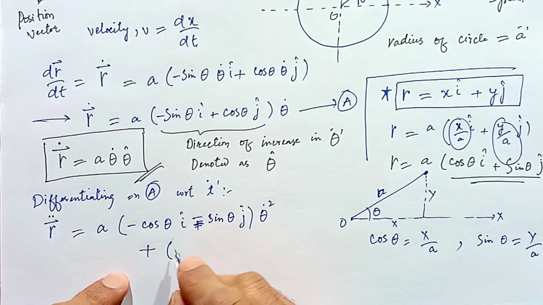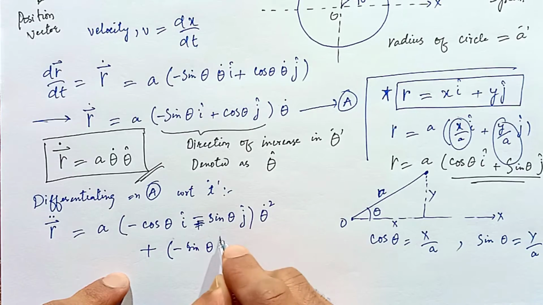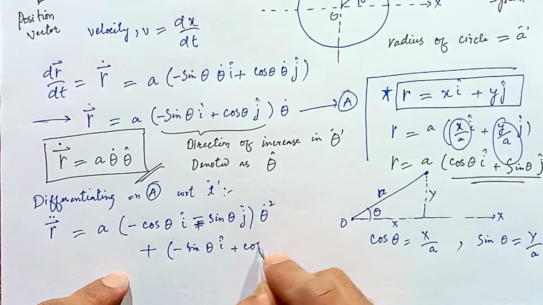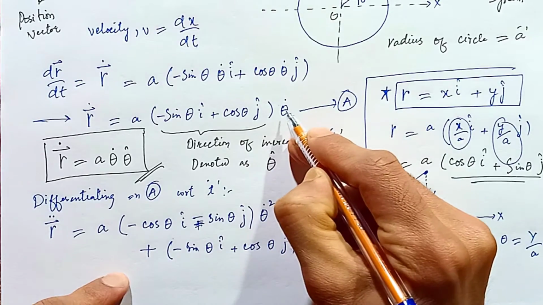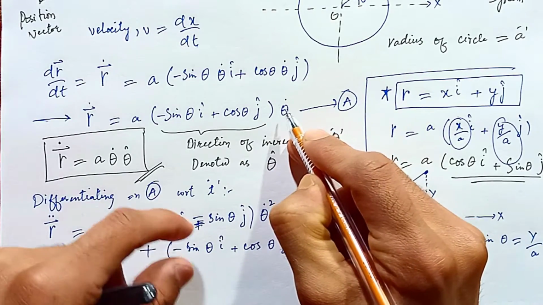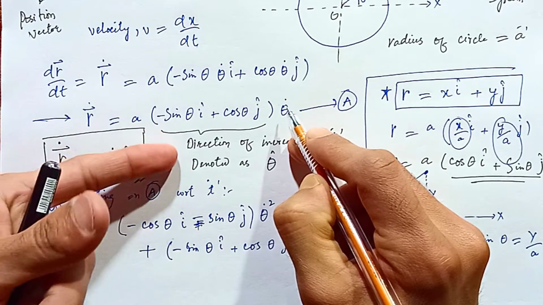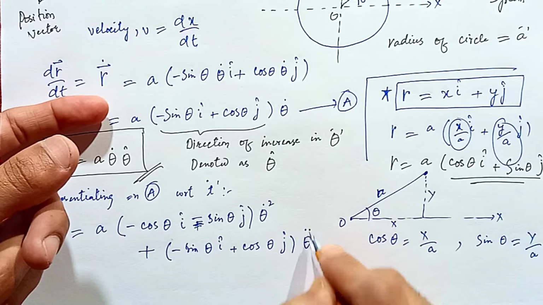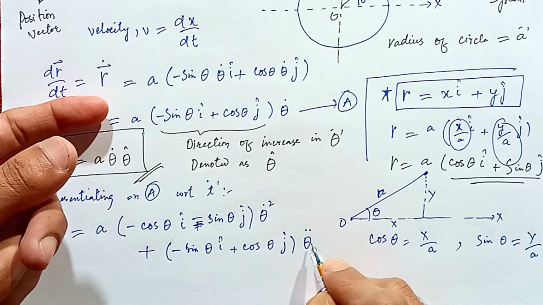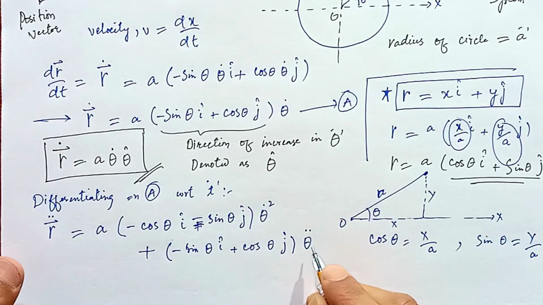So we'll get minus sine theta i plus cosine of theta j into the differentiation of theta dot. Theta dot is differentiated again with respect to time, so we will get theta double dot. Fine, because it is differentiated again with respect to time.